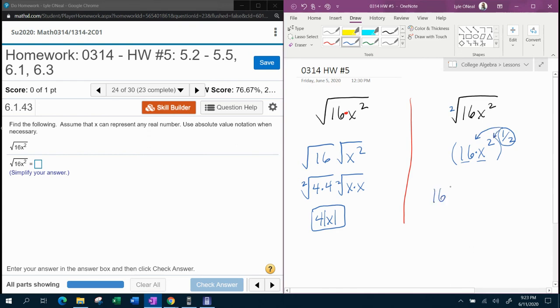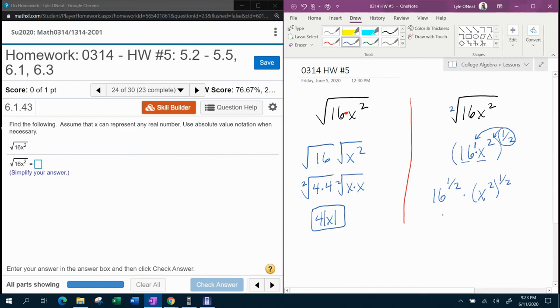So that's going to end up being 16 to the 1/2 power, because the 16 had an understood 1 for an exponent, and 1 times a half is a half. The x squared is also going to get the 1/2 power.